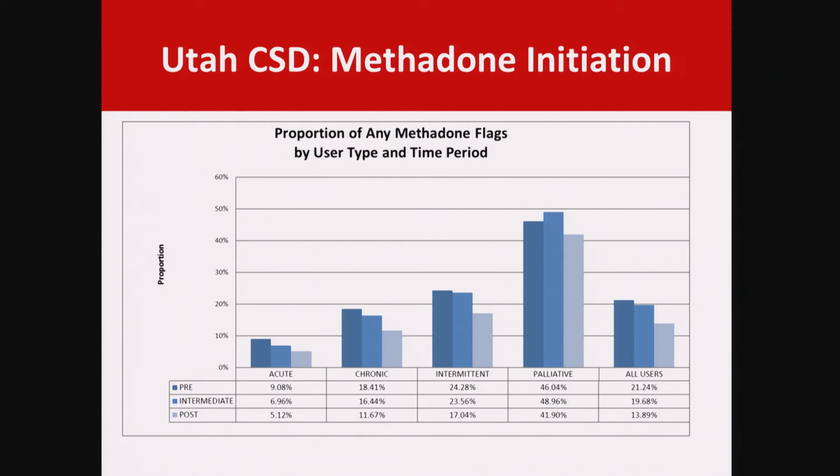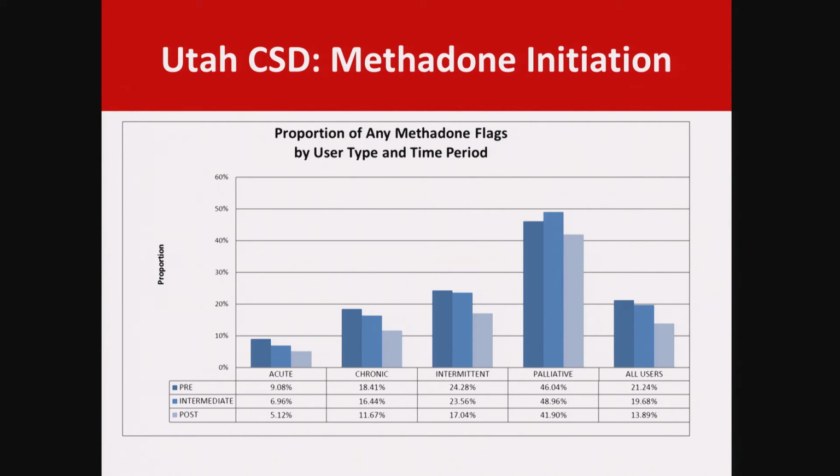So we saw decreases. This is for our methadone-related flag, and we saw a big decrease here, particularly for intermittent opioid users, where in the pre-guidelines period, 24.2% of intermittent methadone users experienced a potentially dangerous methadone dose, and that proportion dropped to 17%.